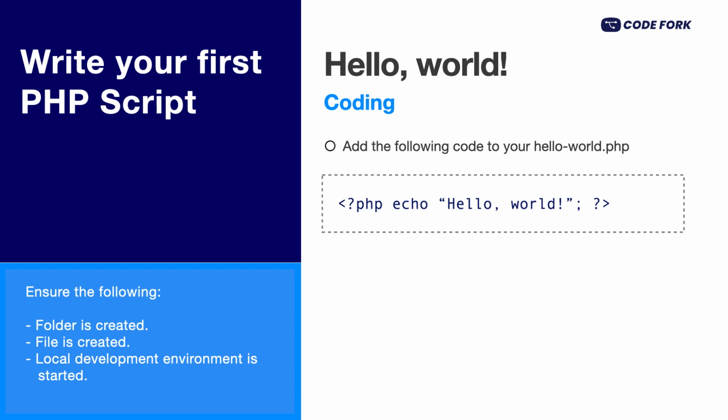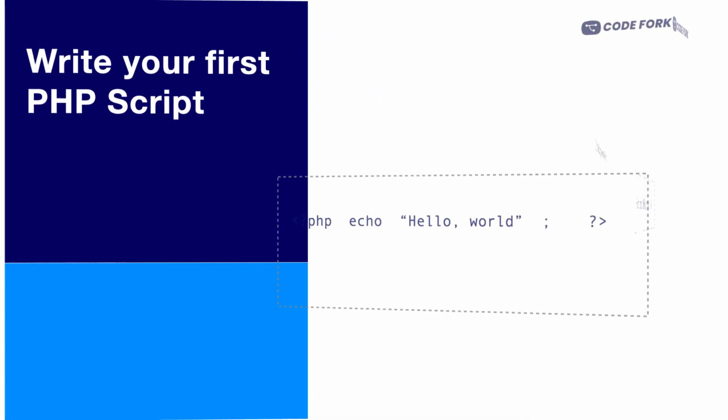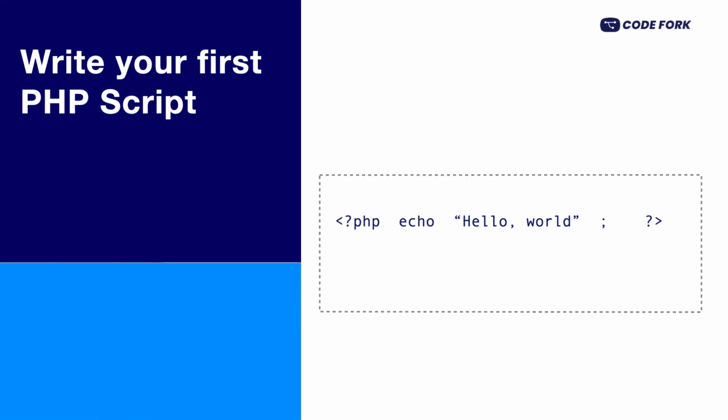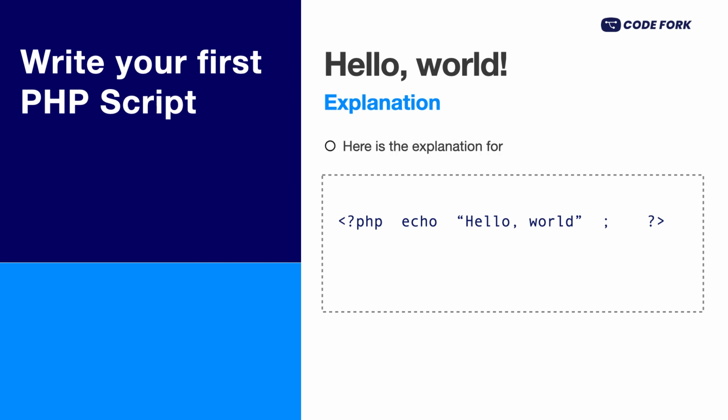Here is the explanation for the code above. Here is the explanation for our first PHP code. Our code will output the text Hello World on the screen. PHP codes are written under the PHP opening and closing tags.